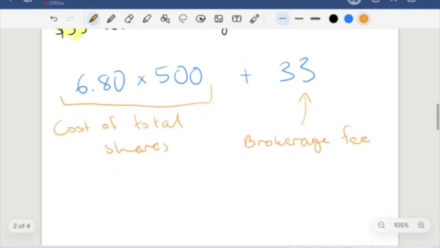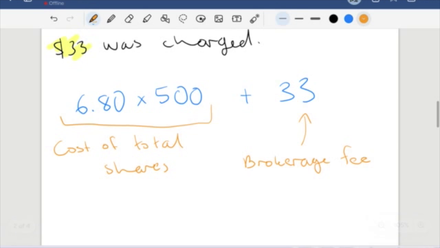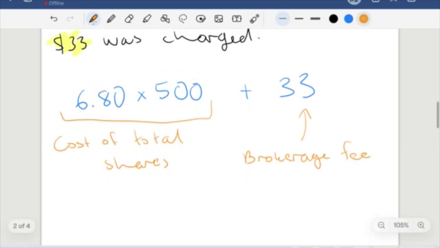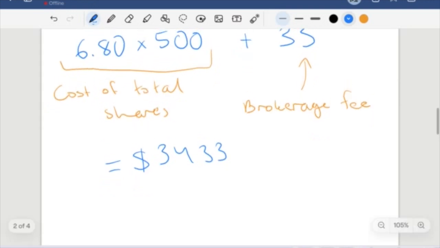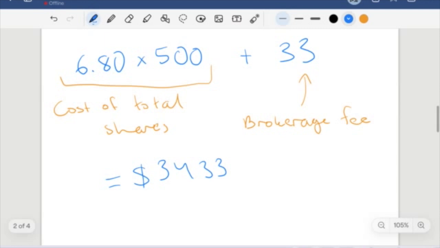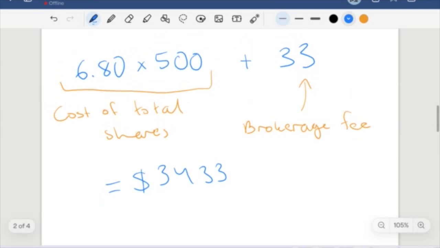And basically, all we have to do now is add all of that together. So we're going to multiply this through and add it, and that's going to give us a total cost of shares with brokerage included of $3,433.